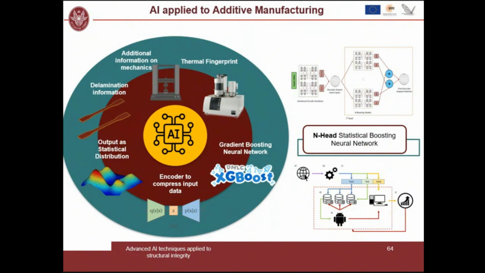For example, here I'm talking about polymers, but it could be extended also to metals, with different parameters, of course. But since here we are talking about polymers, I had to add also the thermal fingerprint of the polymer, information on the mechanics of the polymers themselves, and the information in this case about delamination, because in FDM we have a problem with delamination of layers.